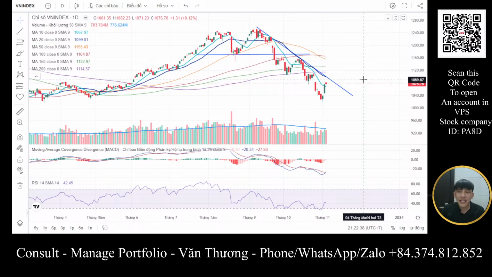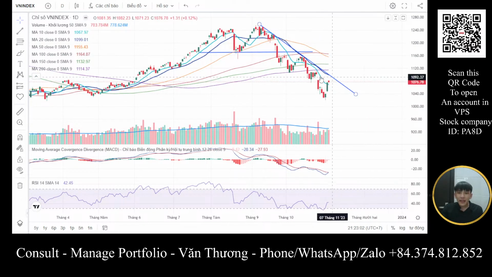Why am I saying that? Because I see there is no leader stock setting up in this area. That's why it's difficult for the general market to have a follow-through day.